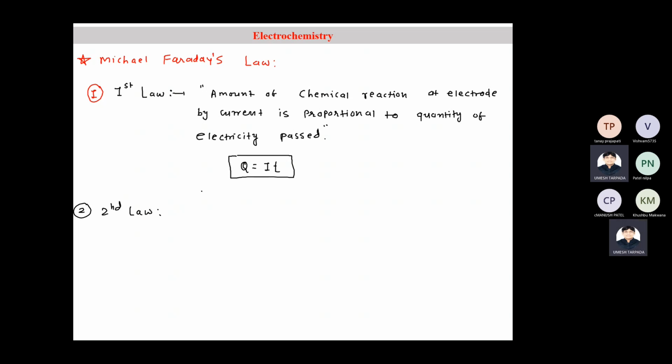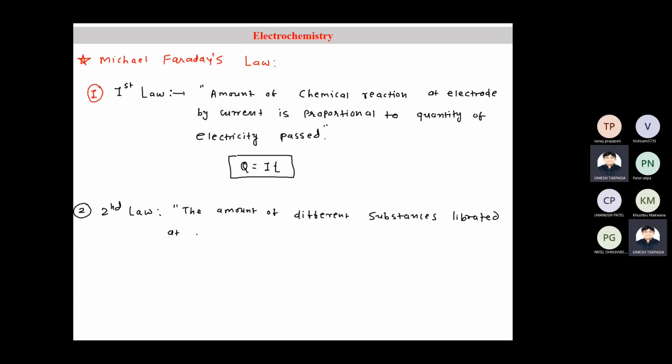So the second law of Faraday: the amount of different substances liberated by the same quantity of current.